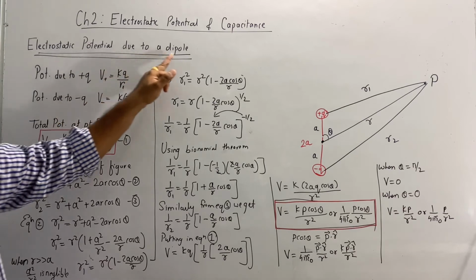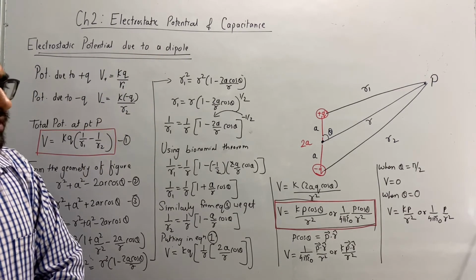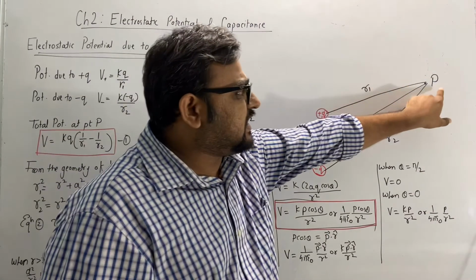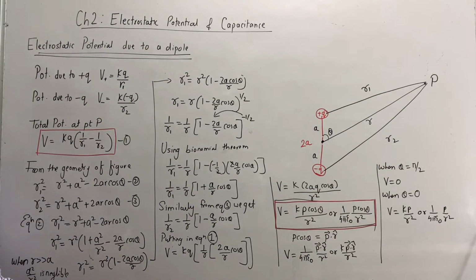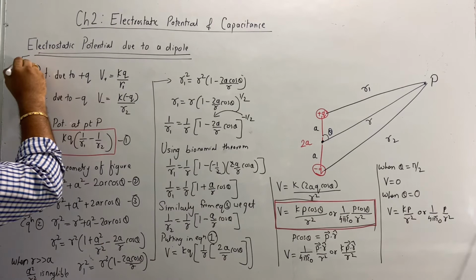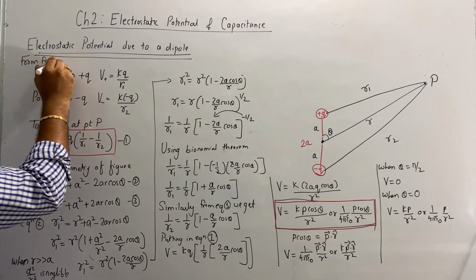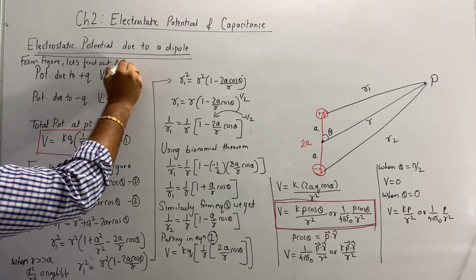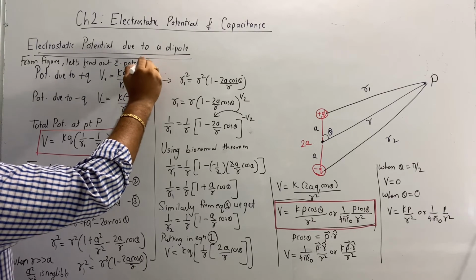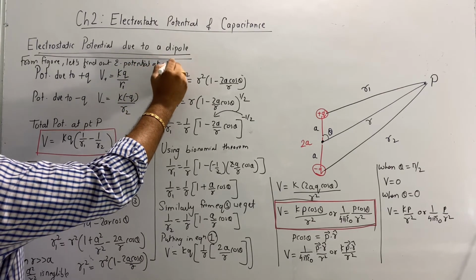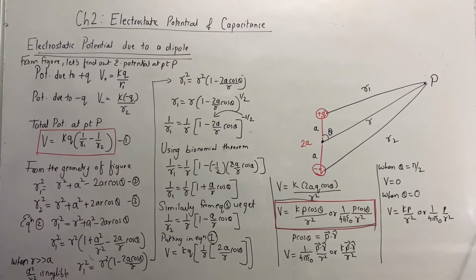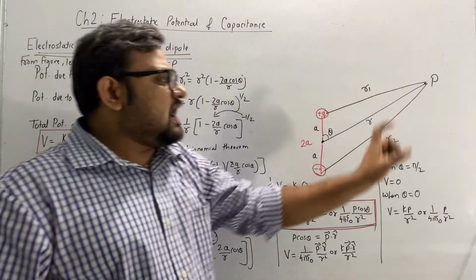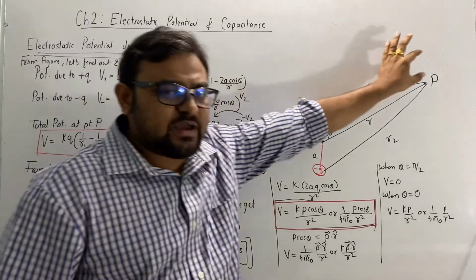As shown in the figure, there is a dipole, distance between both the charges 2a, and let's find out the electrostatic potential at point P. Potential due to the positive charge is Kq by R1, and due to the negative charge is minus Kq by R2.